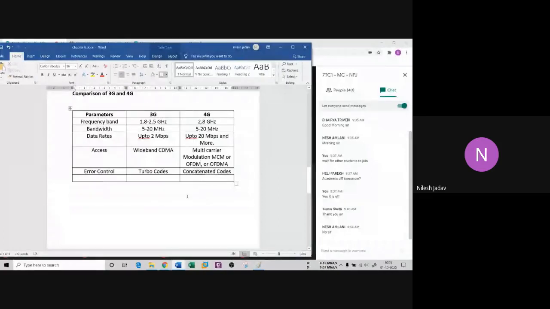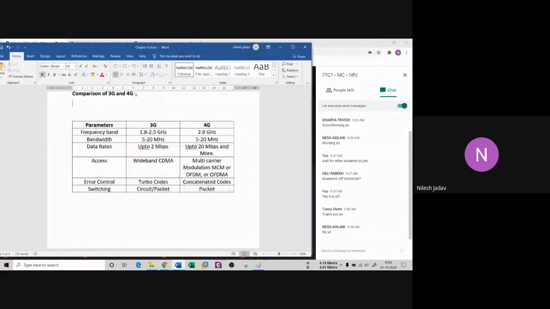So when we are dealing with the fourth generation architecture, there is switching. You see that earlier, in the third generation, we had circuit as well as packet switching. Both switching types were applied to the third generation. However, with the fourth generation, we only have packet switching. All right. So in general, this is the comparison of third generation and fourth generation with some parameters.